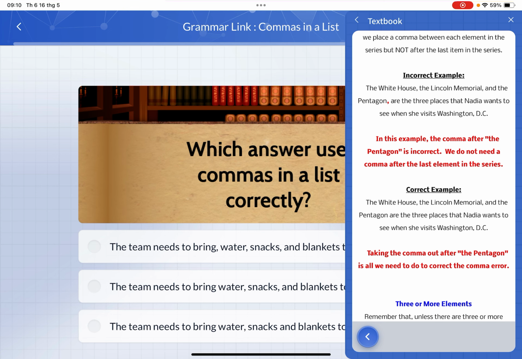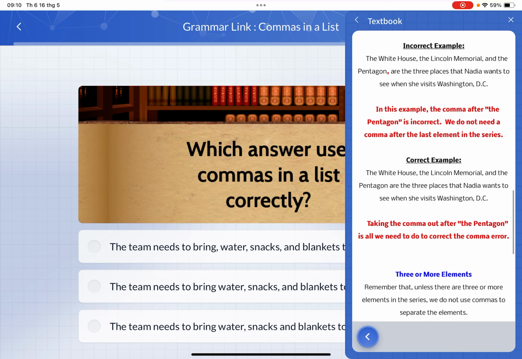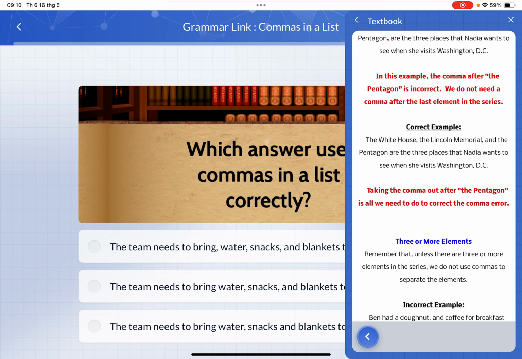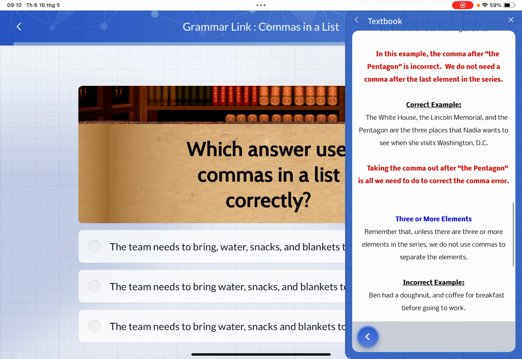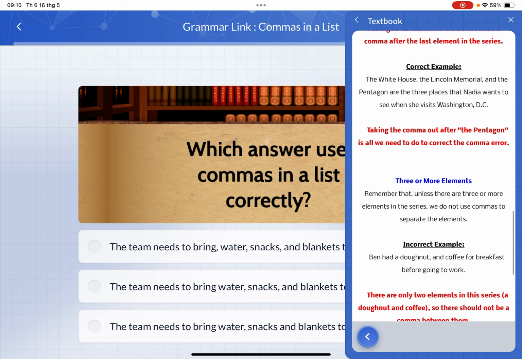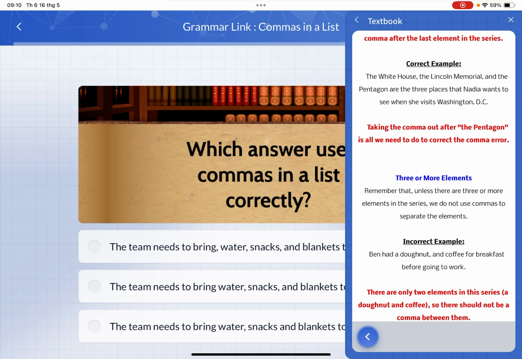It doesn't go on anymore. The correct example would be the White House, the Lincoln Memorial, and the Pentagon. Taking the comma out after the Pentagon is all we need to do to correct the comma error.